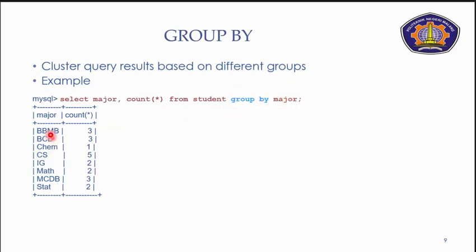In this result, you can see there are so many majors, various kinds of majors from BBNB, BCB, until stat. And this one is the count of the students in each major.